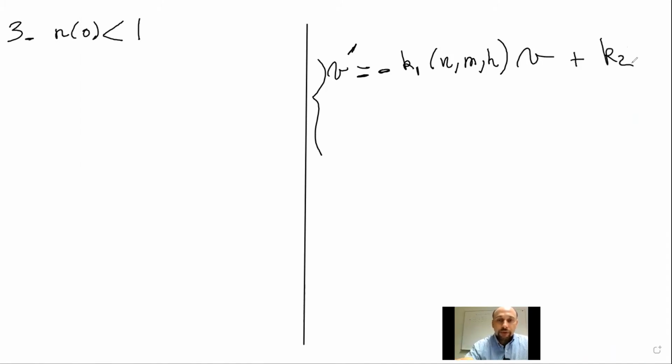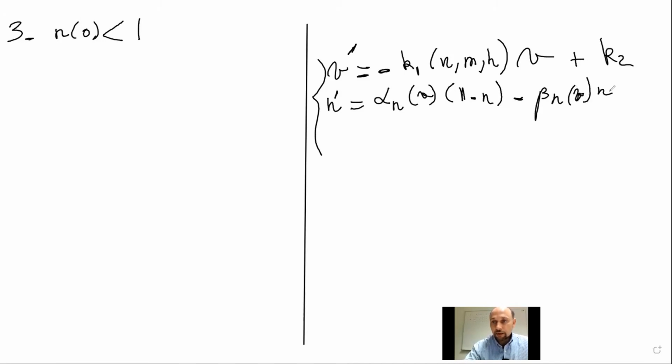And then we have three quite similar expressions for n, m, and h. Minus beta n of v times n. And the same for m.